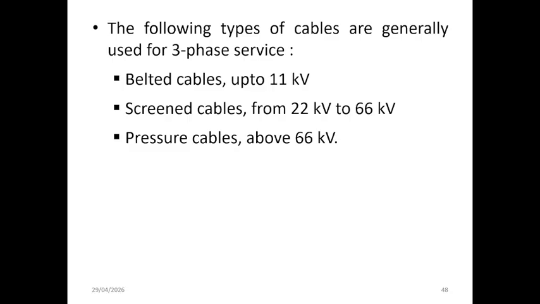For medium high voltage applications ranging from 22 kilovolt to 66 kilovolt, screen cables are preferred due to better electric field control. For voltages above 66 kilovolt, pressure cables are used as they are designed to handle very high electrical stress and ensure reliable operation.